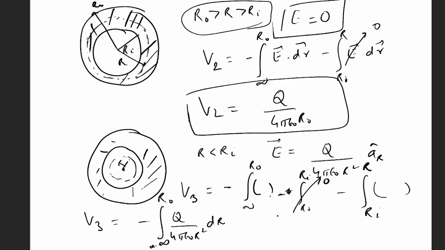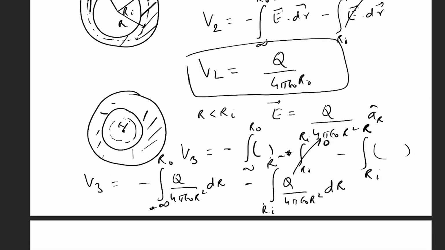So I will not write this, and from Ri to R we have Q by 4 pi epsilon naught R square dr, which we will now integrate.